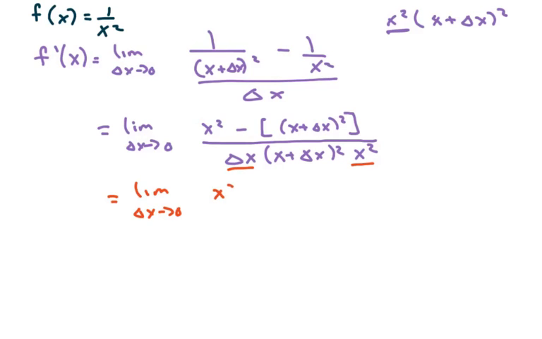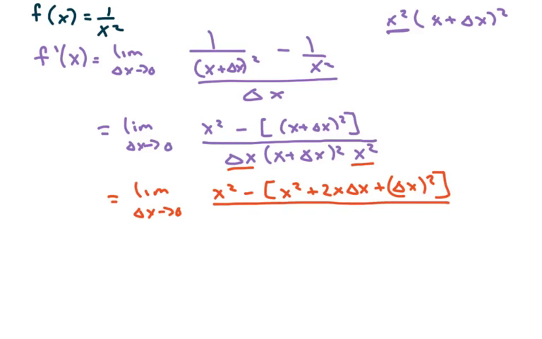It's going to be x squared minus x squared plus 2x delta x plus delta x squared all over delta x times x plus delta x squared times x squared.